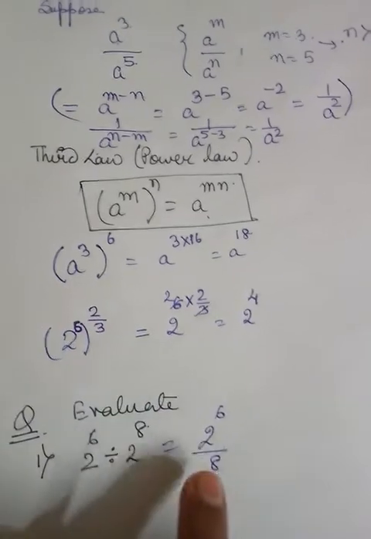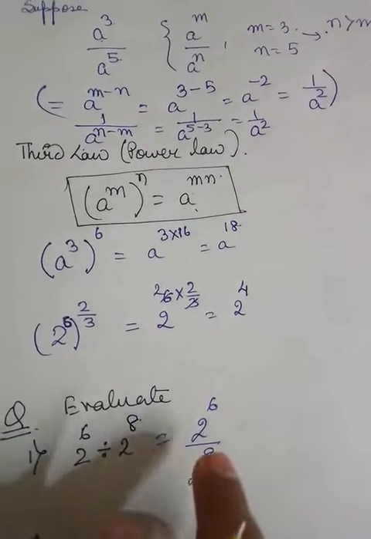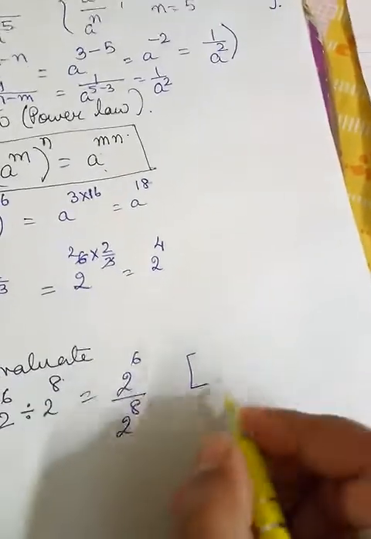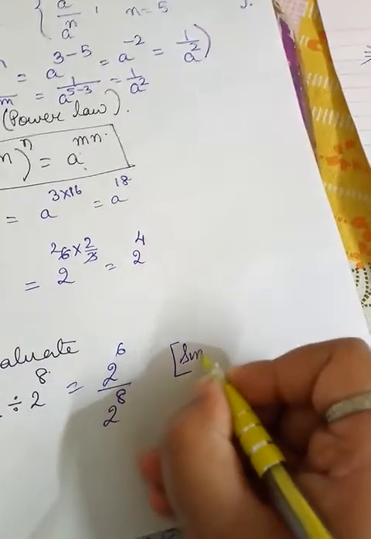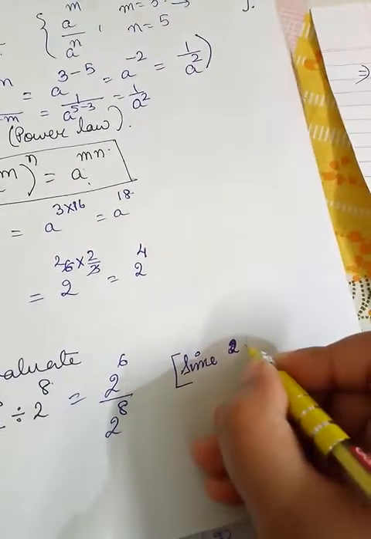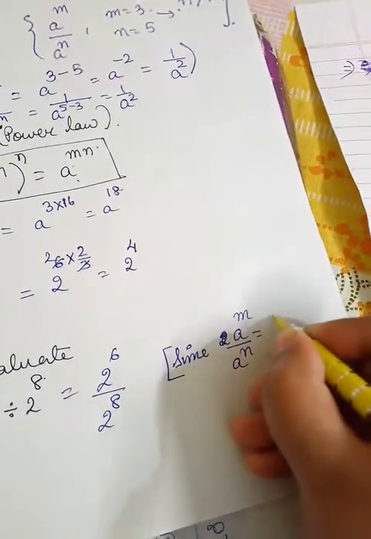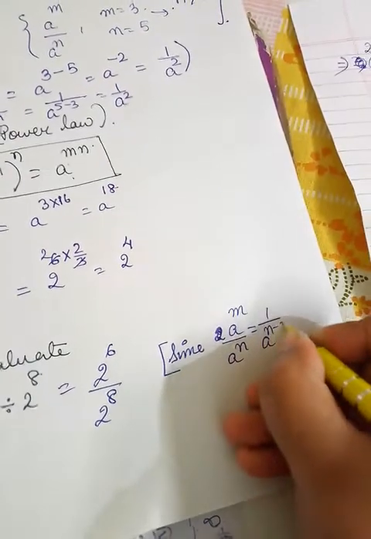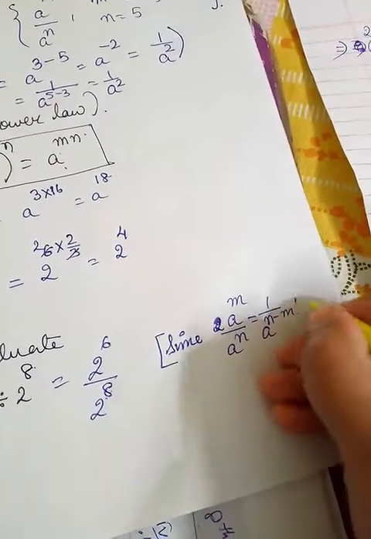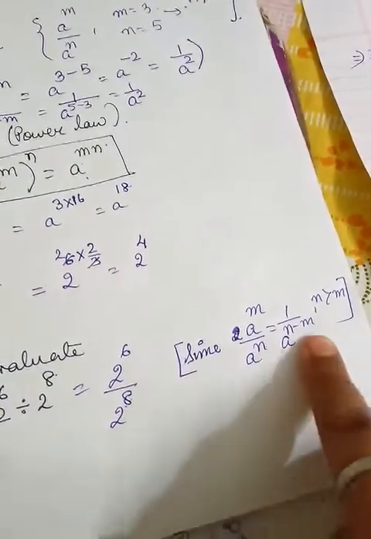Now, since this is the quotient rule or second law, within brackets you will just write the statement of the formula, that is a to the power m by a to the power n equals 1 by a to the power n minus m, because we can see that the power of the denominator is greater, and you write this statement to show why we are using it.